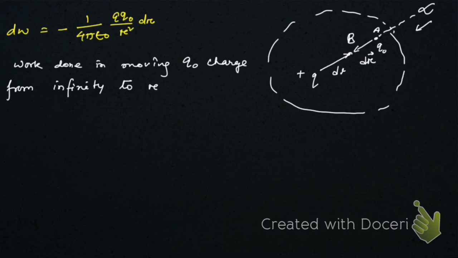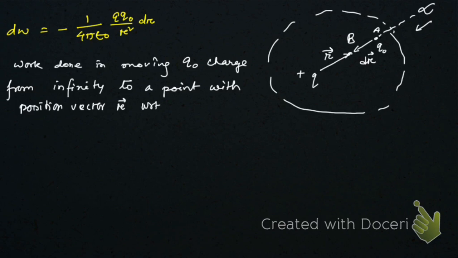This is the position vector r. Let me write here, from infinity to a point with position vector r with respect to q.